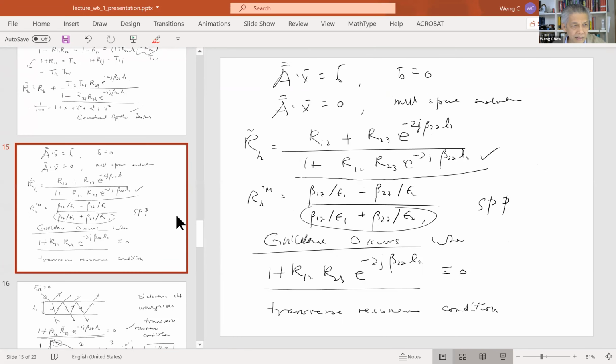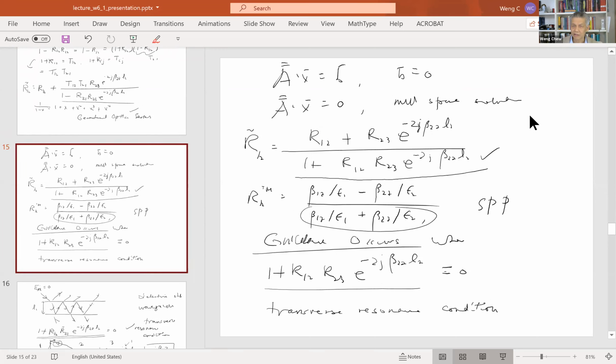Because of that, if we want to look for a guided mode of a structure, we want to set the reflection coefficient to infinity, because what it means is that no incident wave gives rise to a reflected wave. That's what reflection coefficient equals infinity means. That is the same as having a solution to an equation with no driving term, okay?